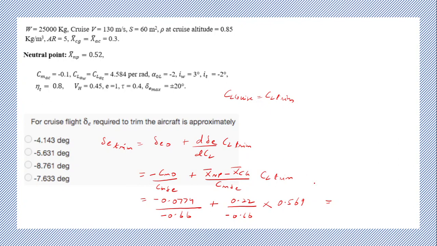So this comes to minus 0.07 radians, and in degrees that is minus 4.143 degrees. Correct? So that is the amount you need to deflect the elevator to ensure that you trim the aircraft at the given CL. Okay. So with this we come to the end of this session.